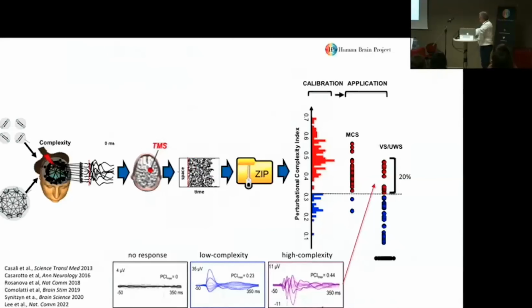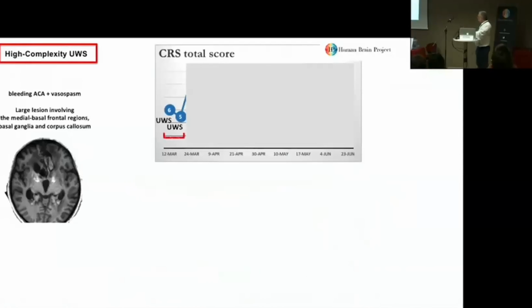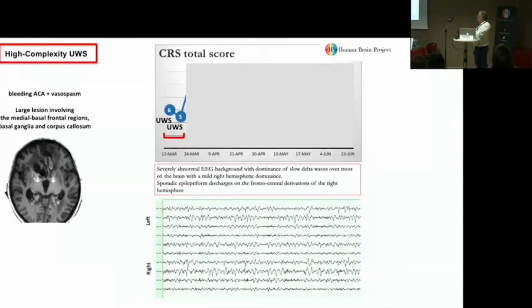But we also have observed many patients that were behaviorally VS, so in a vegetative state, with high complexity responses. This is just an example. This is a patient with a very abnormal spontaneous EEG.